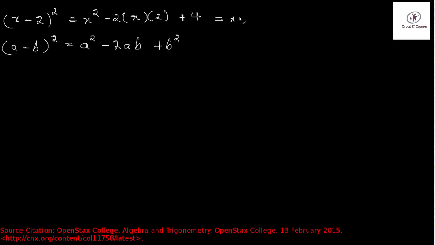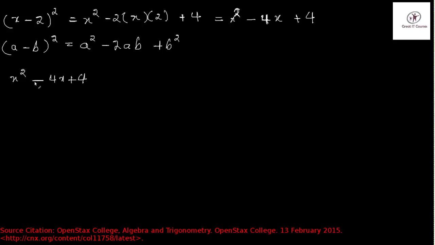So this is equal to x squared minus 4x plus 4. So now this is again a perfect square trinomial, x squared minus 4x plus 4.